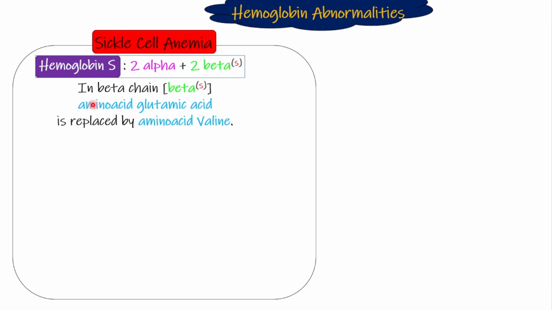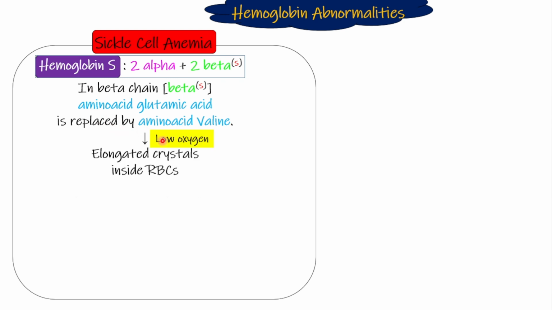In this beta chain, the amino acid glutamic acid is replaced by the amino acid valine. So, amino acid valine replaces the normal amino acid glutamic acid in the beta chains. And whenever this happens, this will not form the normal hemoglobin, it will form the hemoglobin S, which is the sickle cell hemoglobin.